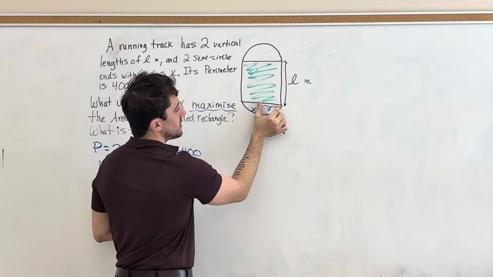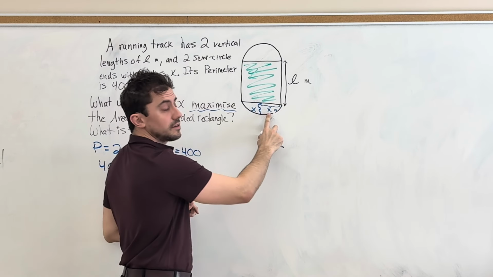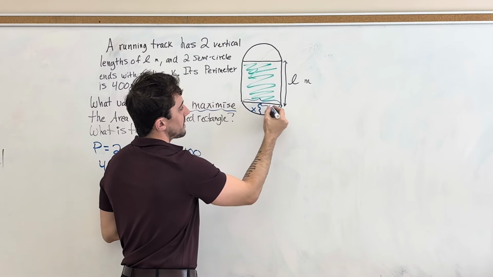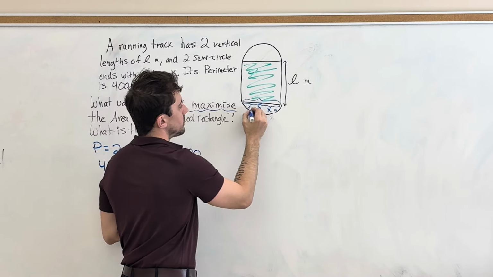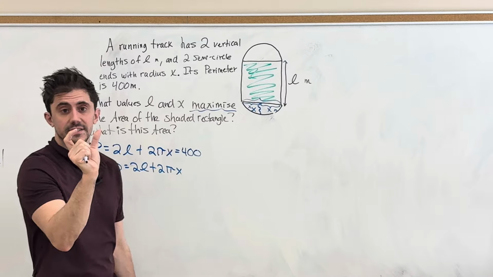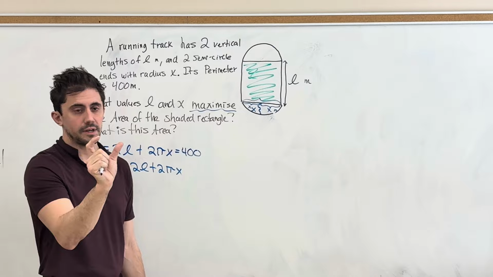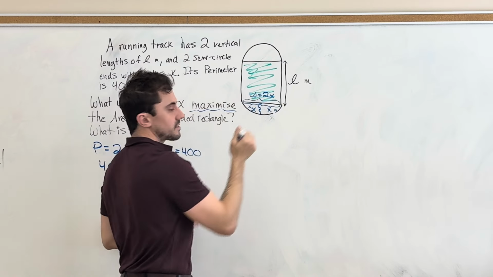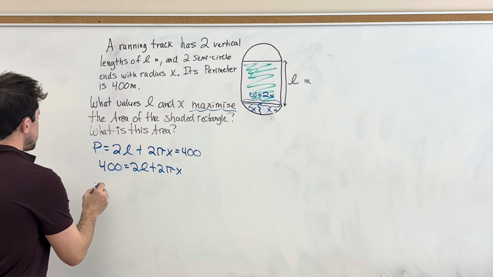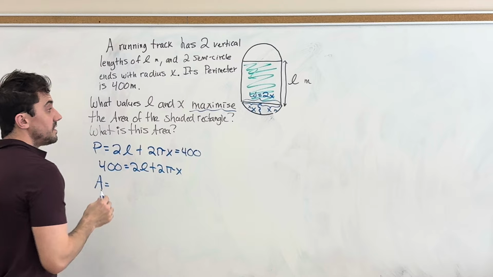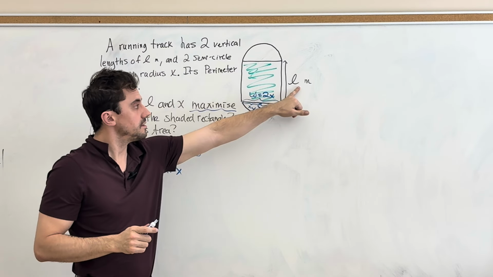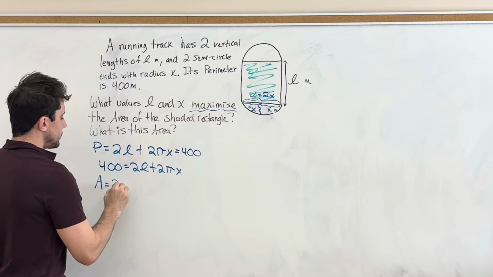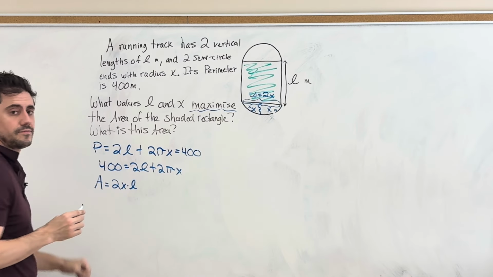If this is the radius of the semicircle of length x, then the width of the rectangle is 2 radii of those semicircles worth, so our width is equal to 2x. So our area, in very general terms, including both L and x, would be 2x times L.